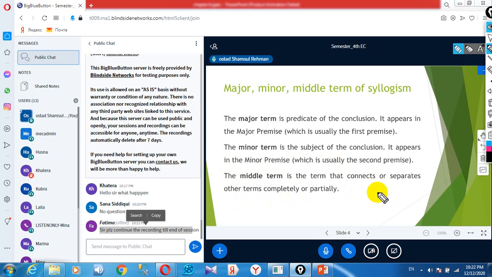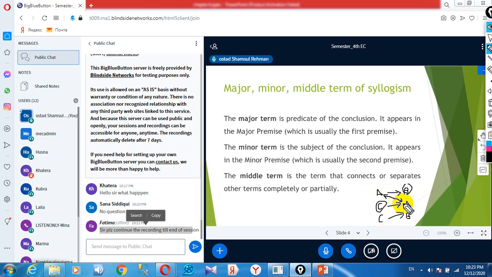For example, suppose A is B, C is A, therefore C is also B. In this case we are taking B as the major term, then C as the minor term, and the middle term is A. So now these two terms, B and C, are connected with each other by use of A.